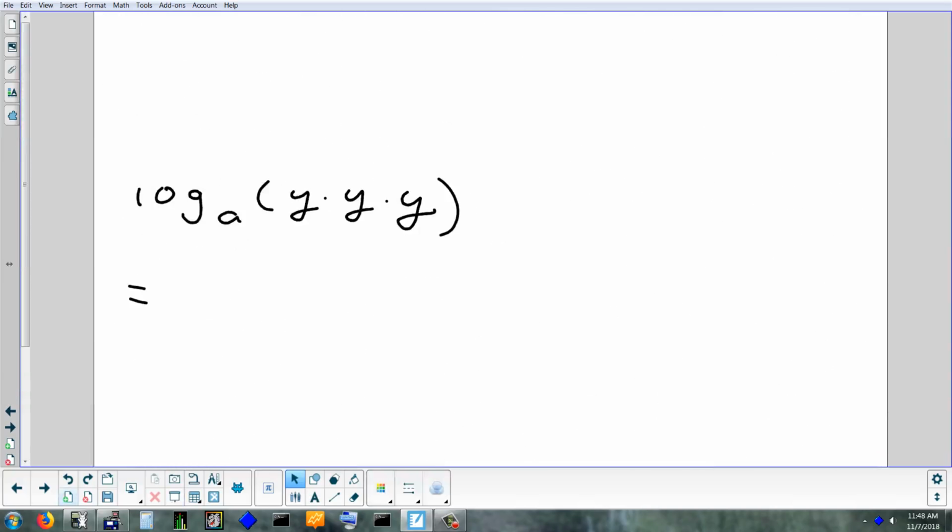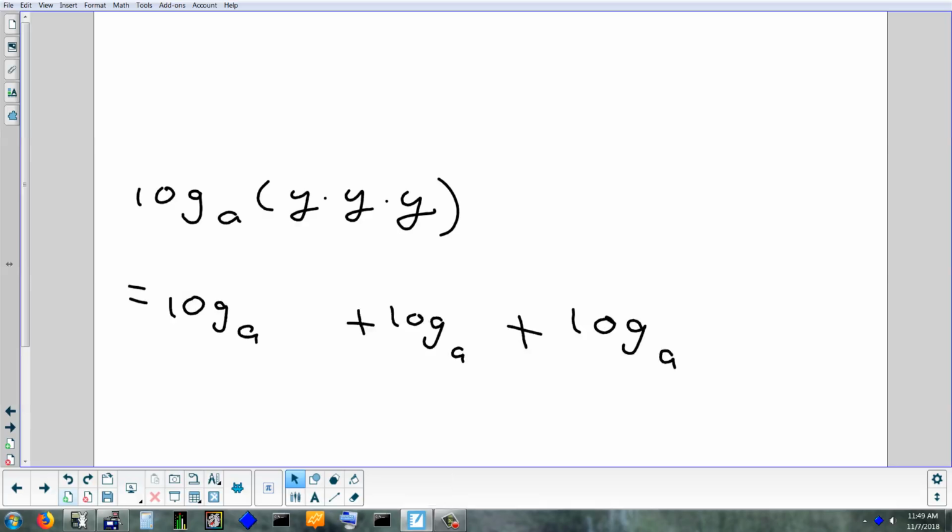We know that when you have a product, it splits apart into a sum. This is going to have 3 terms because I have 3 factors. What's going to be the base on each of my logs when I split it? A doesn't change. Whatever the base was in the beginning, that's what it is when you split it. What's my first argument?